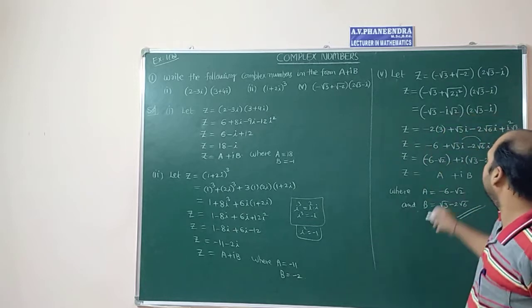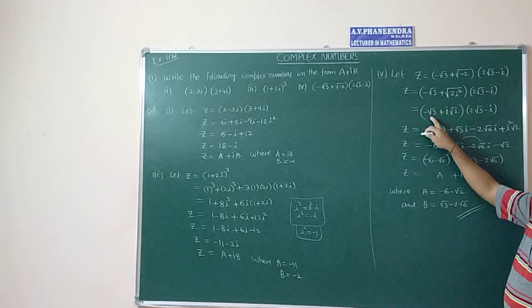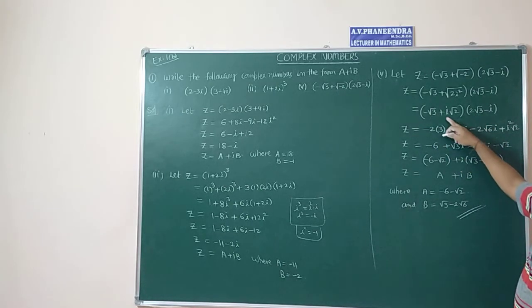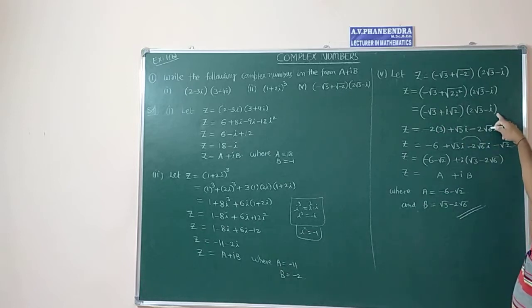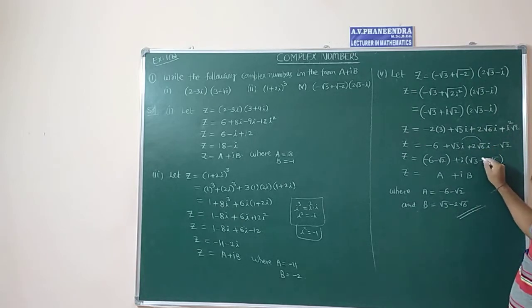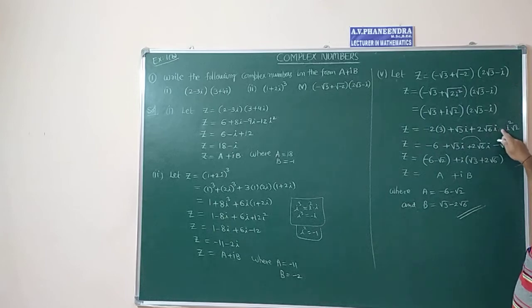So, students, here i square is only plus will come here. So minus root 3 into 2 root 3, that is minus 2 into 3. Here, minus into minus plus root 3i. Here, plus will come here. Here also plus, here also plus. Plus into minus is minus here.